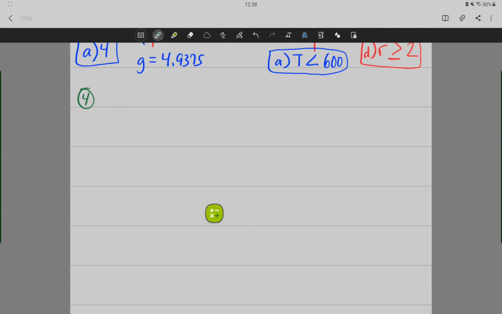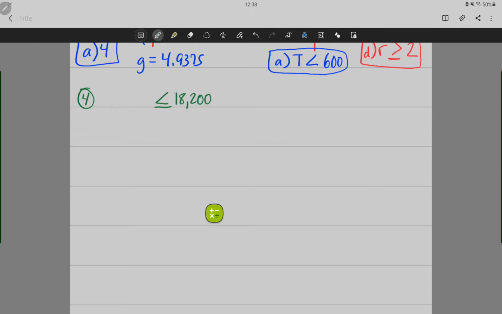Let's reread it again. MSG holds a maximum of 18,200 people. That means there cannot be more than that number. So it can be all the way up to 18,200, but it shouldn't be more than that. So this means that symbol, less than or equal to, because we don't want to pass that number.